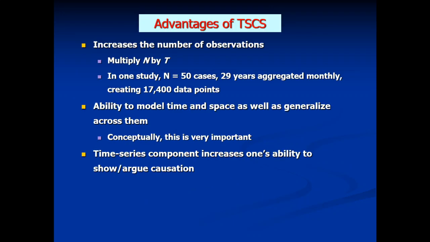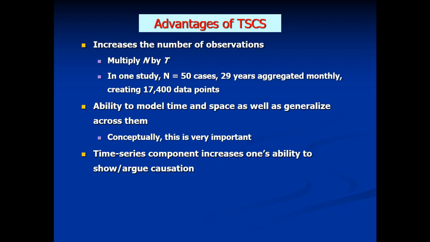Now, advantages of this panel data. It's also called time series cross section data. So if T is the number of time points and N is the number of cases, what will be the total number of observations? The total number of observations will be N by T. In one study, for example, if N is 50 cases, that is we are collecting data from 50 students over 29 years, something like that, what will be the total data points that we have?